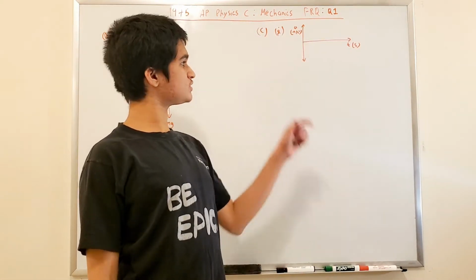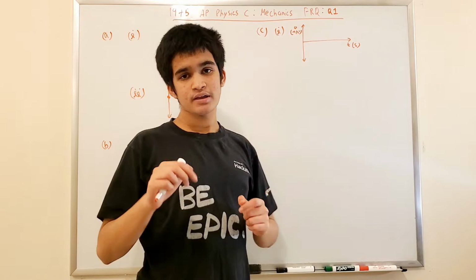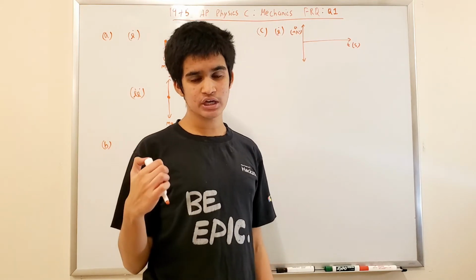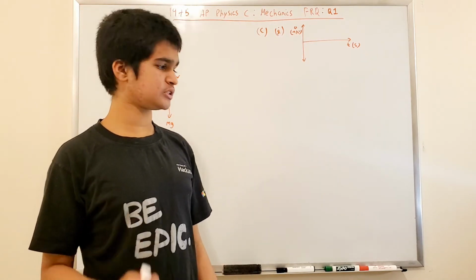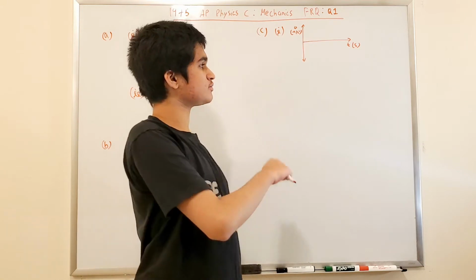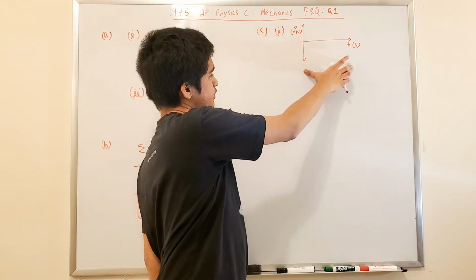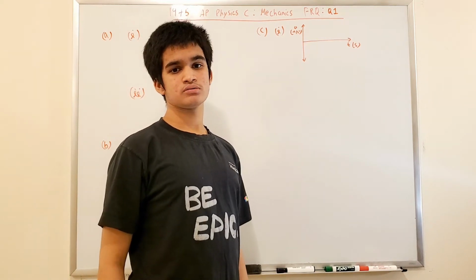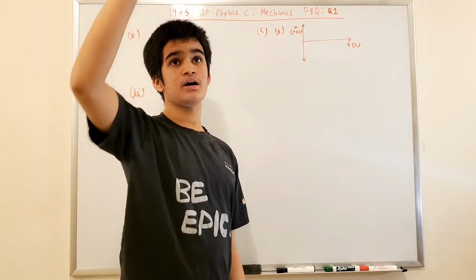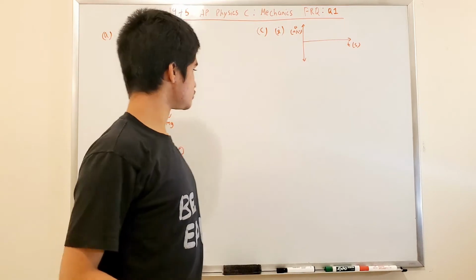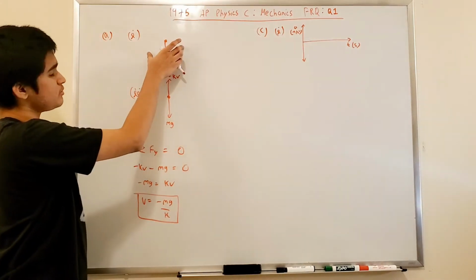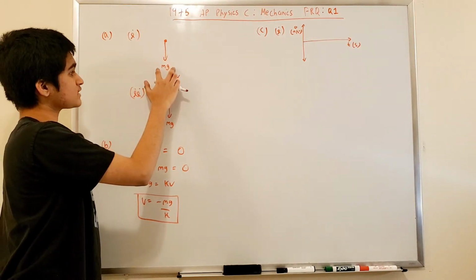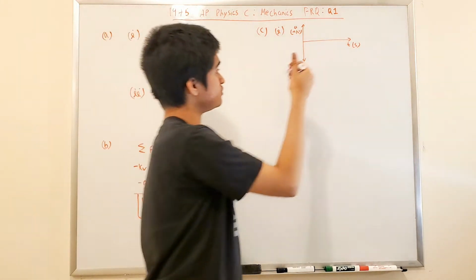Part C of this question asks us to draw 3 graphs: an acceleration time graph, a velocity time graph, and a displacement time graph, or position time graph. So first up, we have our acceleration time graph, which is shown over here. Now we know that at the very beginning of our journey, you can look back at our free body diagram, we see that our acceleration is going to be negative g.